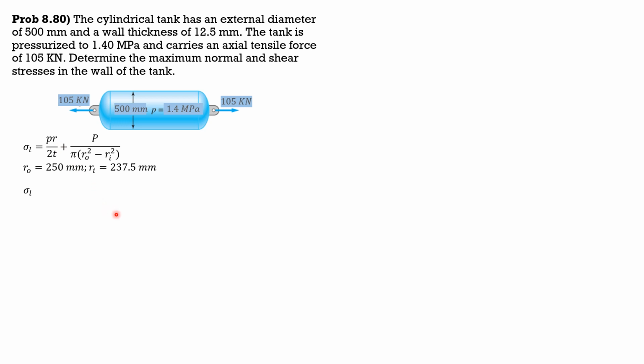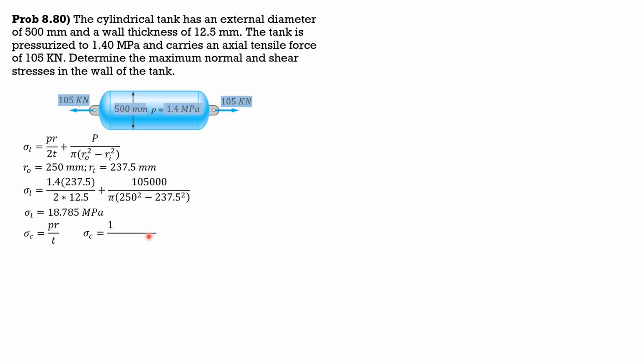Substitute: sigma longitudinal is 1.4 times 237.5 over 2 times 12.5 plus 105,000 newtons over pi times 250 square minus 237.5 square. So computing, sigma longitudinal is equal to 18.785 megapascals, while sigma circumferential is PR over T.